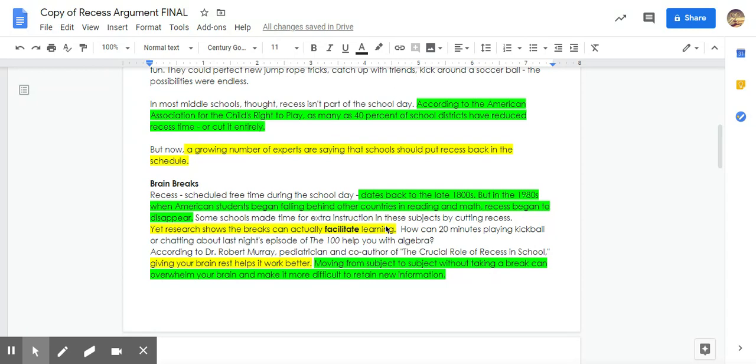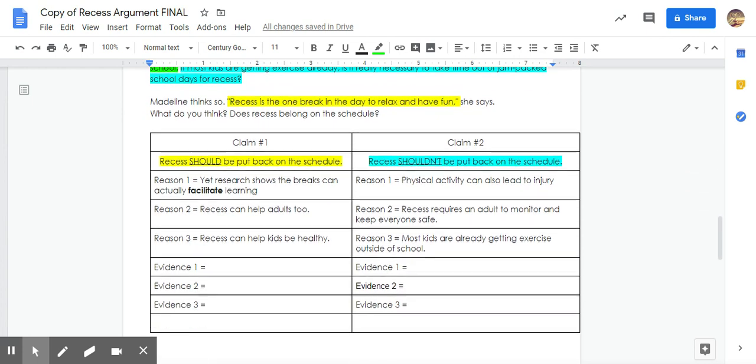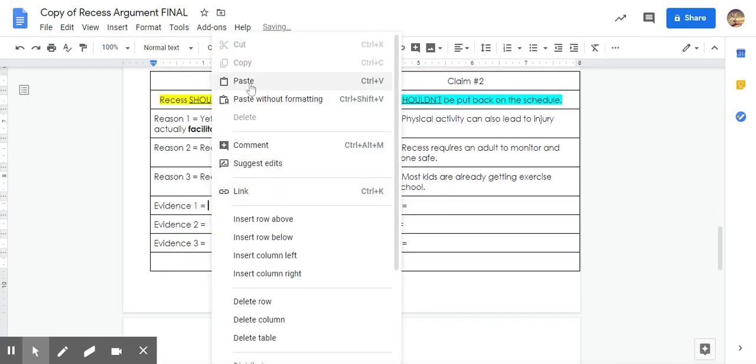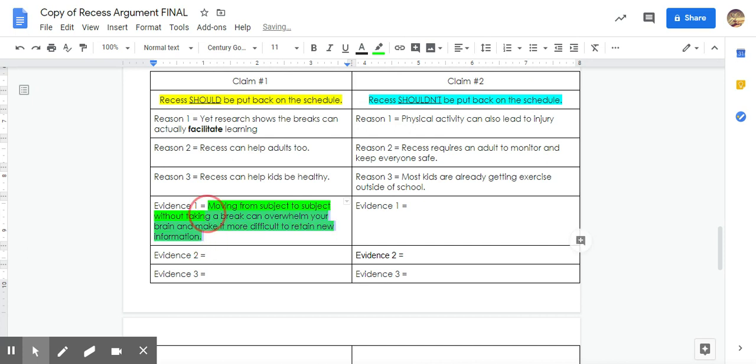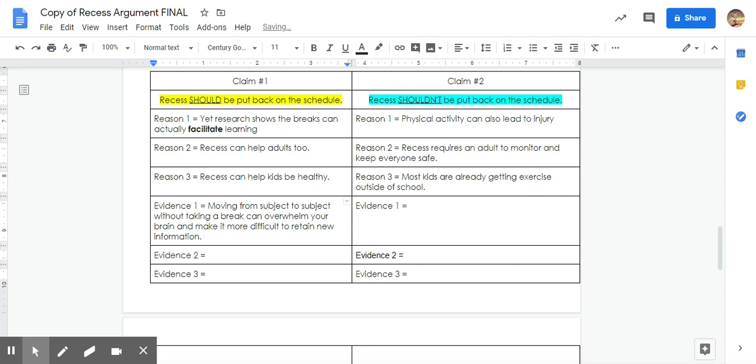So I think a good piece of evidence is this one here, where it says moving from subject to subject without taking a break can overwhelm your brain. So I'm going to copy that, bring it down here, and paste it there. I'm going to remove that highlighting, because that is a good piece of evidence, which supports, we have evidence 1, which supports reason 1.